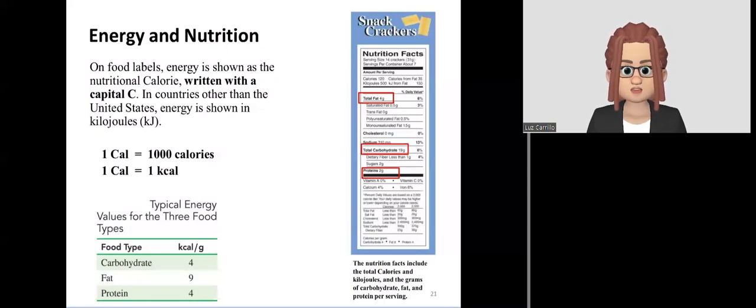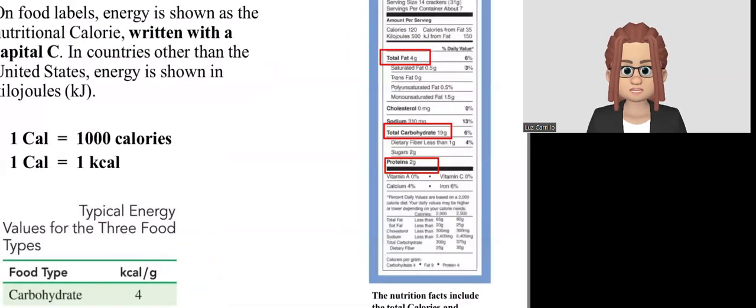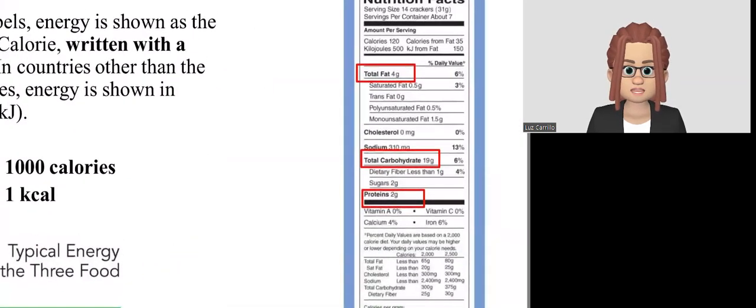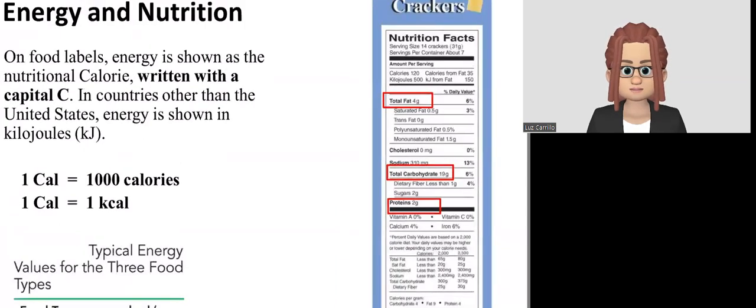So when we look at a nutrition facts label, even though all kinds of information is given, and as you can see, the example that we have here is illustrating the nutrition facts label for crackers. And even though we have the fat, the saturated fat, the trans fat, polyunsaturated, we got the cholesterol, we got the sodium, we have the fiber, and so on and so forth.